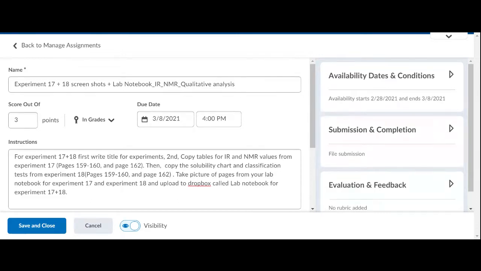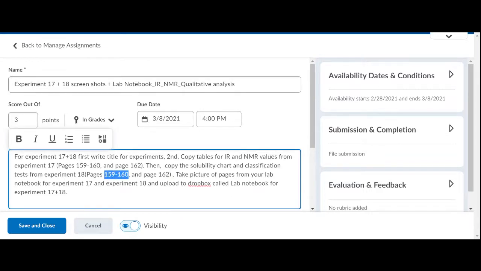And then the classification test is going to be pages 184 and 185. Okay. That's what you include.